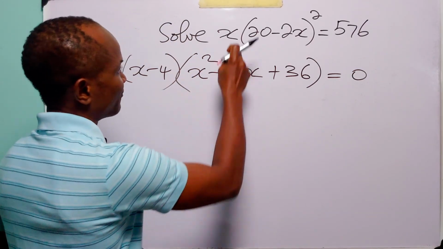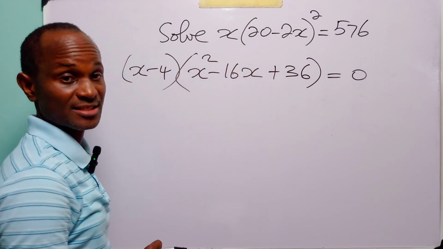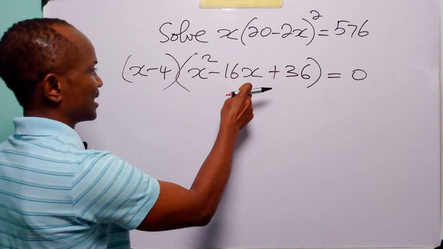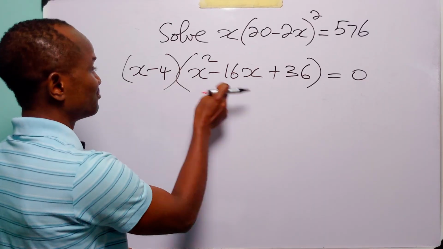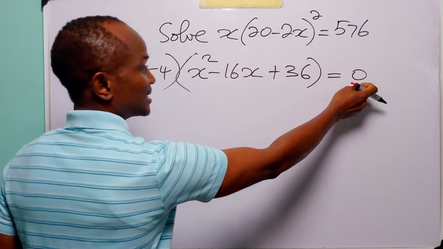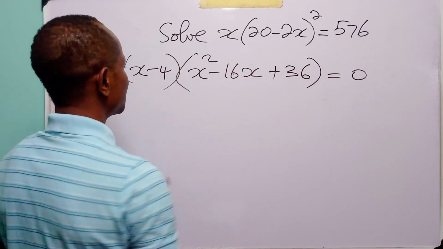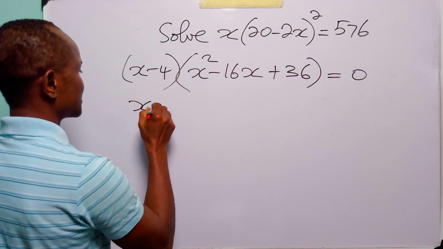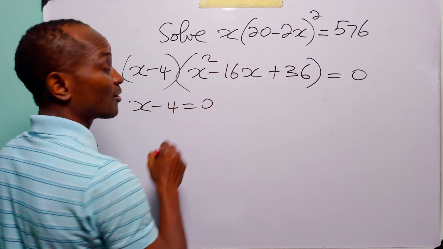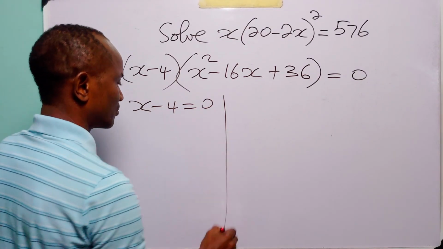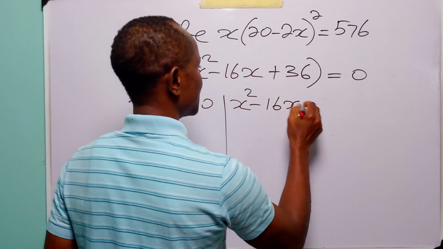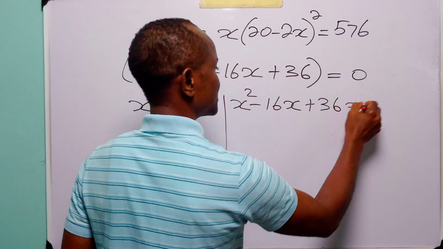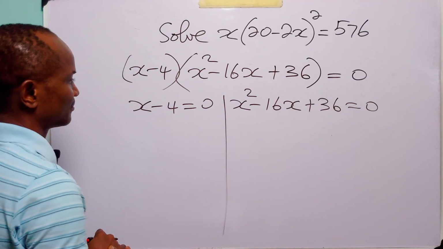So now you can see that we have factorized this expression into this and this being equal to 0. And of course, you know that when the product of two things is 0, it simply means that either x minus 4 is equal to 0 or x squared minus 16x plus 36 is equal to 0.